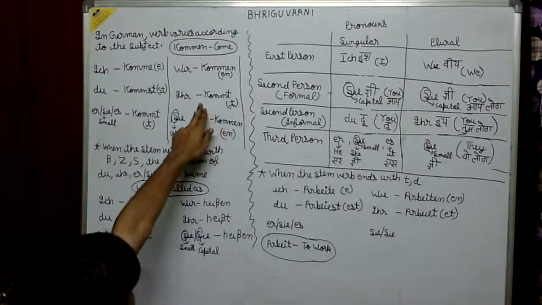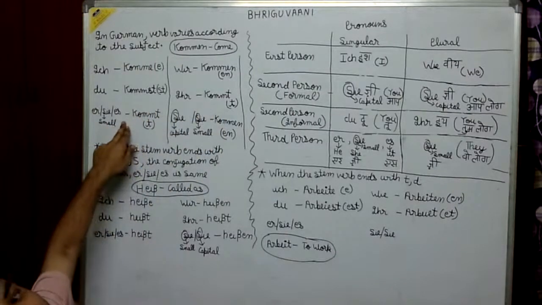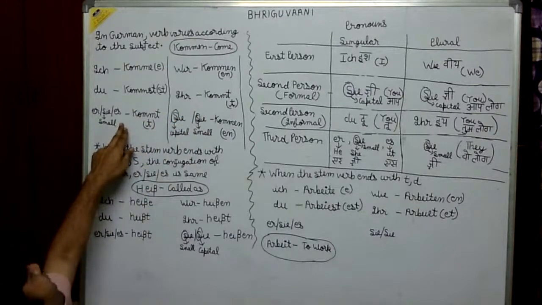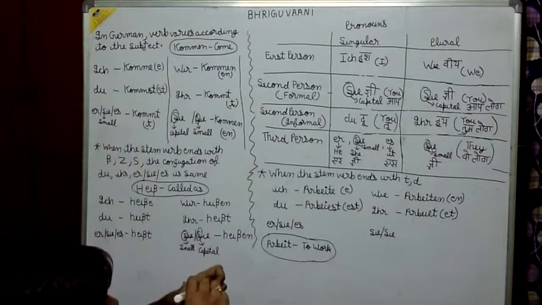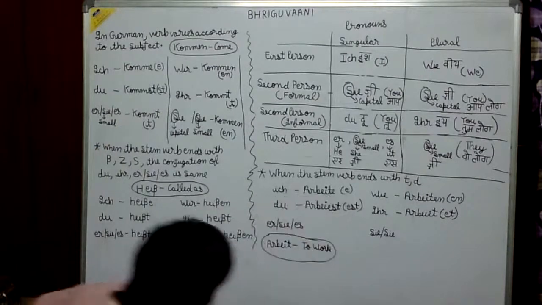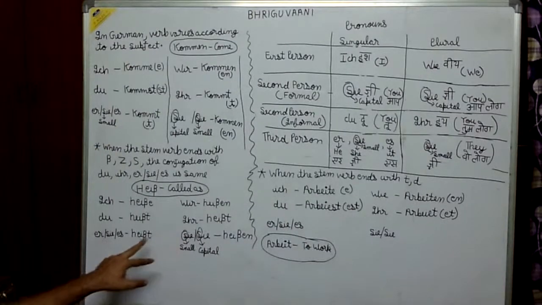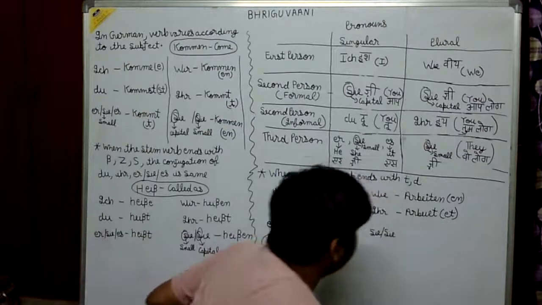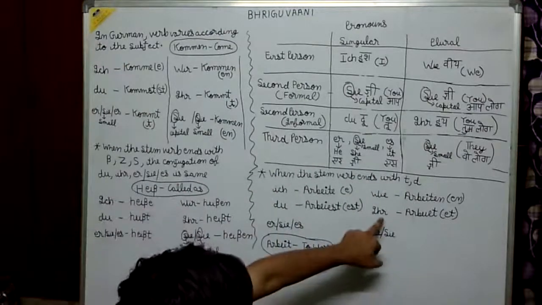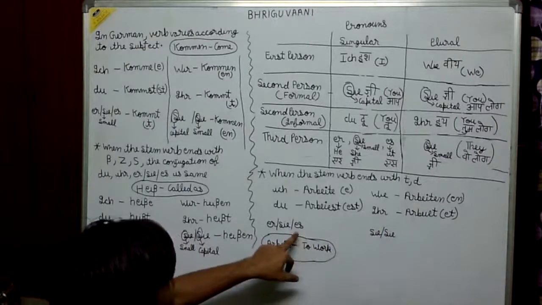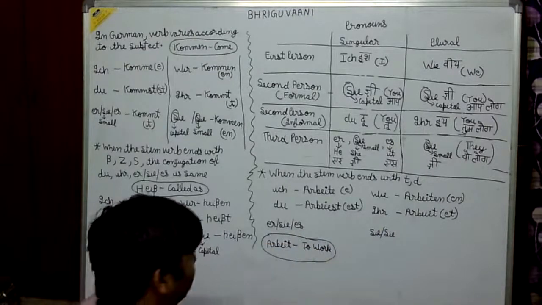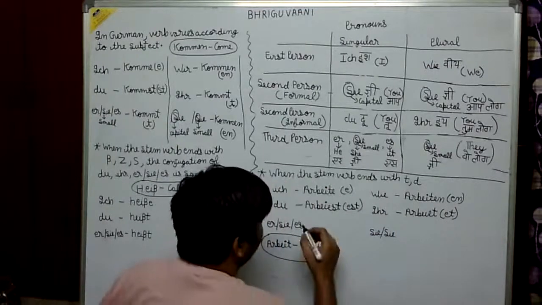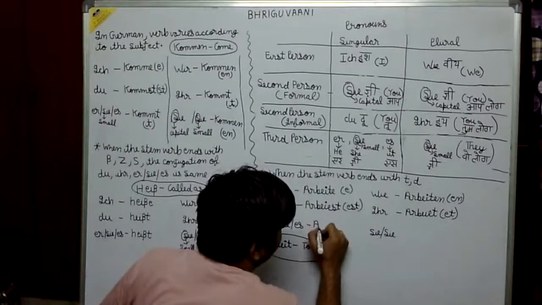And here also the same rule will apply. Whatever we are using for ihr, we use that for er, es and sie. So again here we have used arbeit, so here also we will use arbeit.